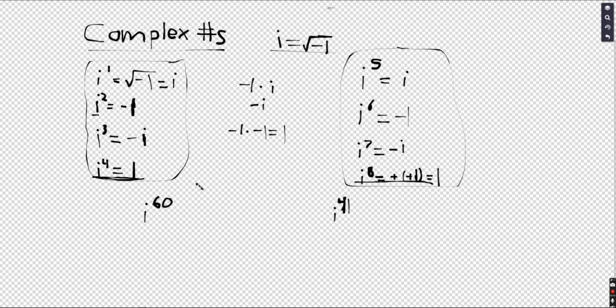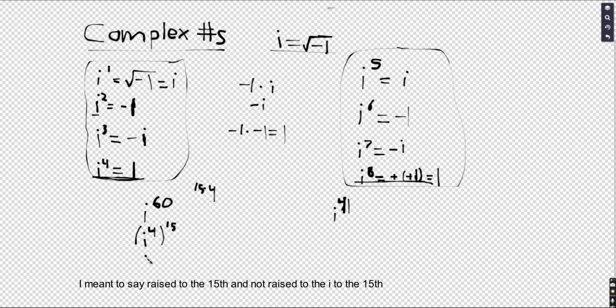Does 60 have a factor of 4? Yes, 60 can be written as 15 times 4. And what do we know about exponent properties? We can write this as i to the 4th, raised to the 15th. And we know i to the 4th is 1, so we could rewrite this as 1 to the 15th, and we all know 1 to any power is equal to 1. So i to the 60th is equal to 1.